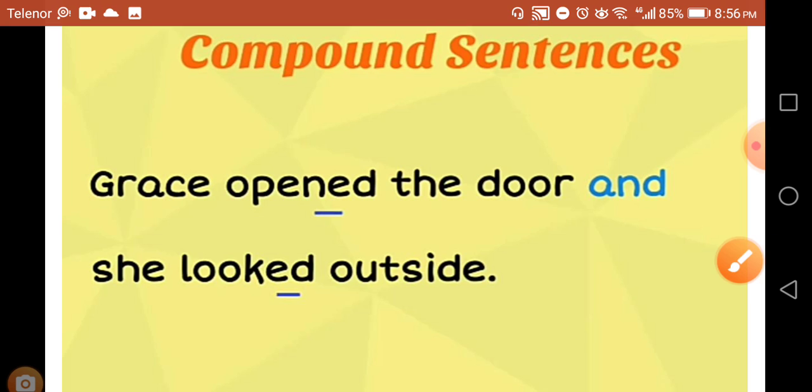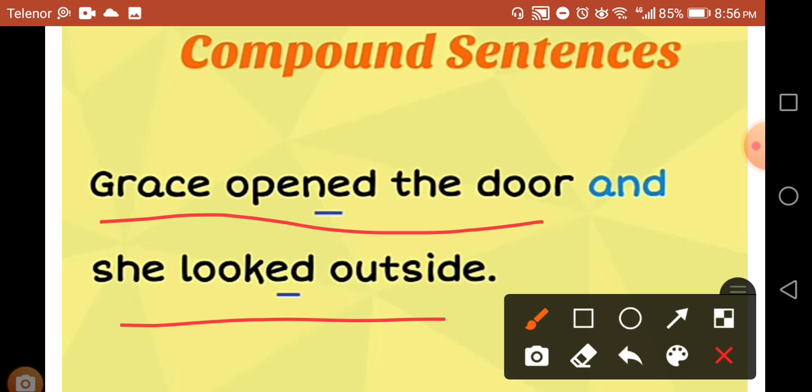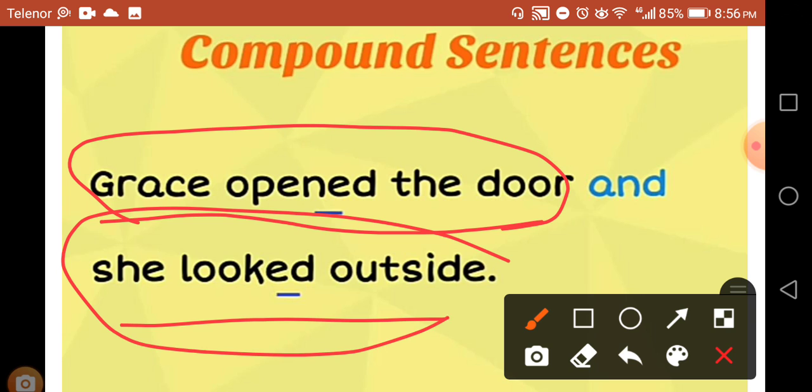Now how can we make a compound sentence? Here you can see in this example: Grace opened the door. She looked outside. Both of these clauses are independent clauses.